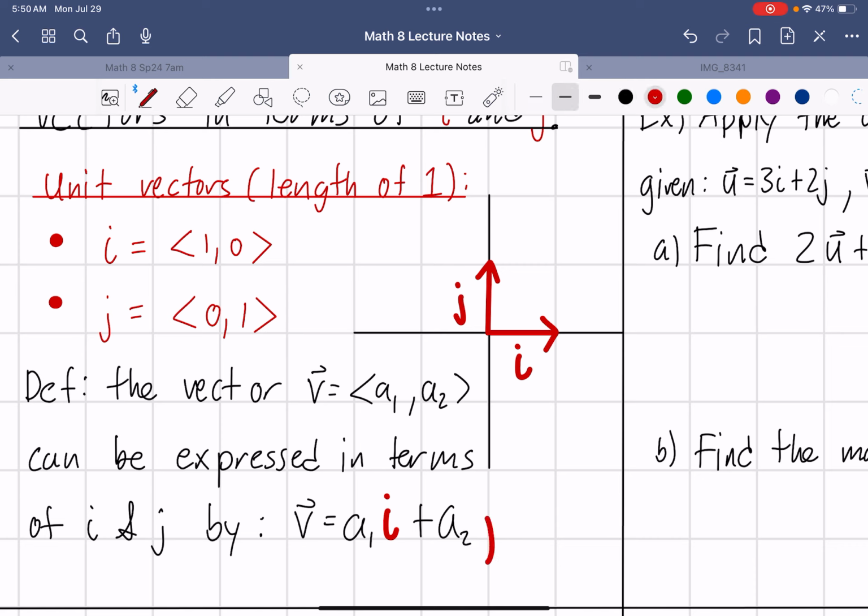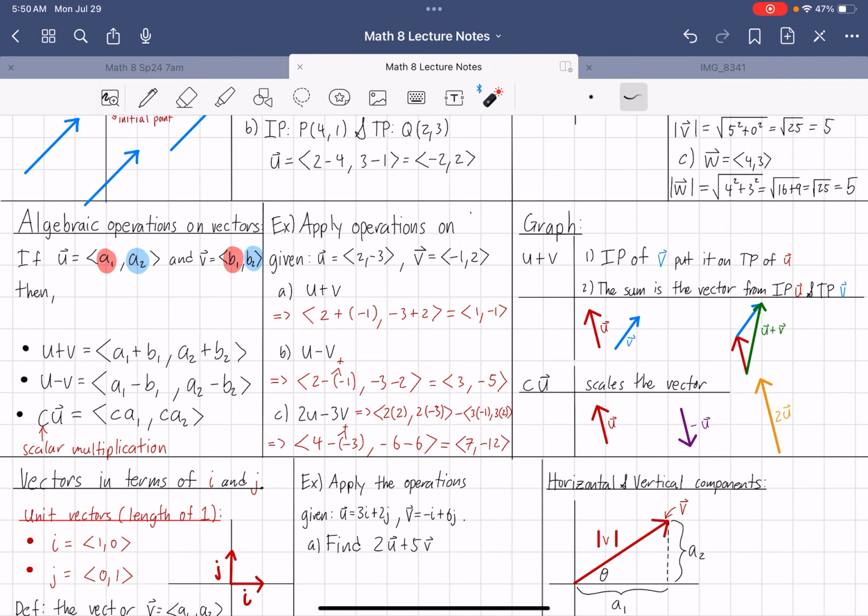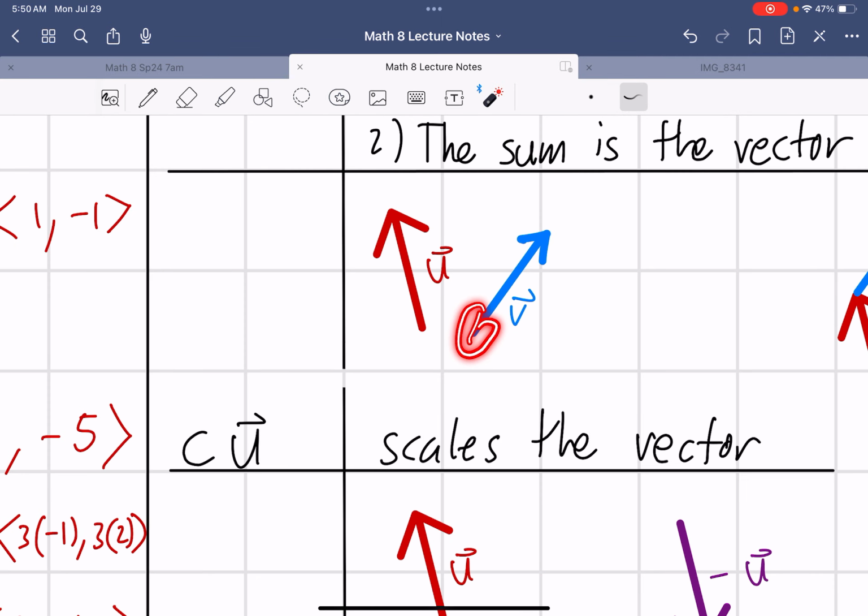Now, how does this work, right? How are we able to just switch them right off the bat? And the idea actually comes from how we talked about how adding works geometrically, right? To be able to add two vectors geometrically, you take the initial point from one vector and you put it on the terminal point of the other.